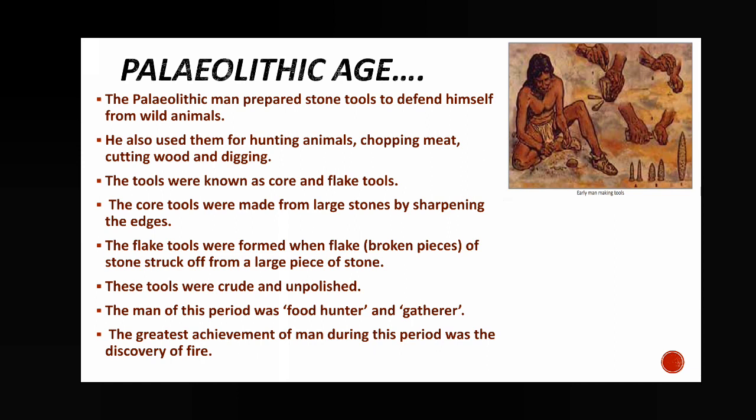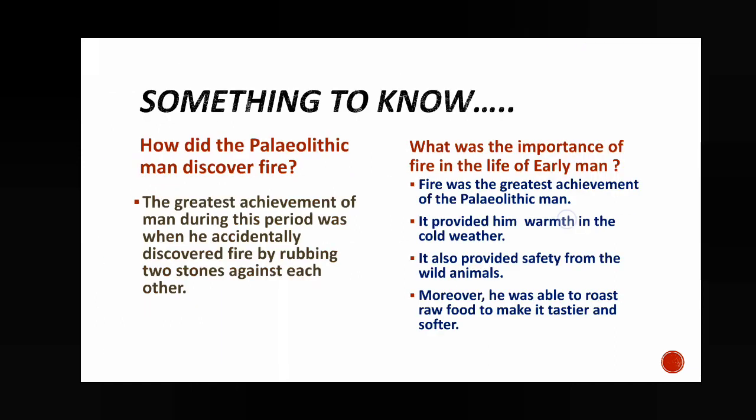Now come to the next point. I have already told you the greatest achievement was the discovery of fire. Now you can ask how they discovered this fire. The greatest achievement of Paleolithic man during this period was that he accidentally discovered it.